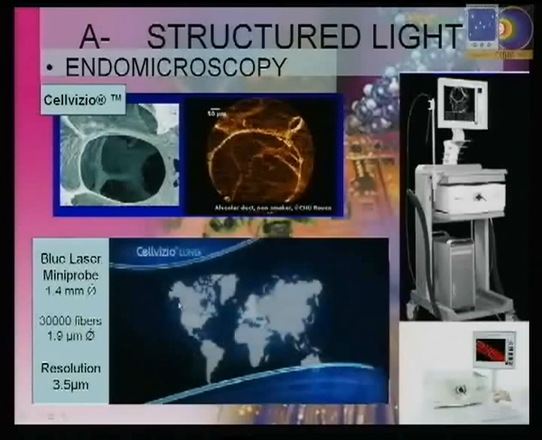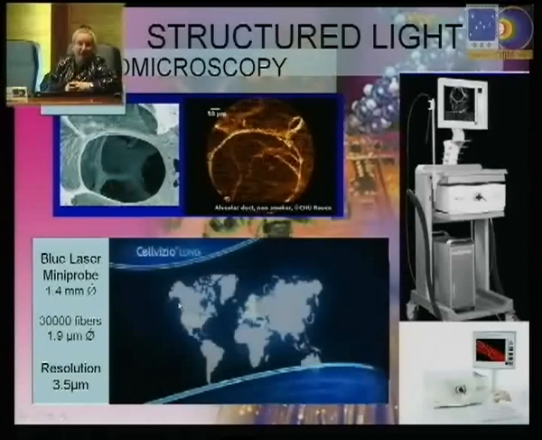Okay, you see this probe, which is inside of the endoscope for the lung, looks smaller than the one we have seen on the Pentax on the Optoscan. But it's exactly the same size. It's 1.4 millimeters and 30K fibers of 1.9 microns each one, and the same resolution as the previous one.